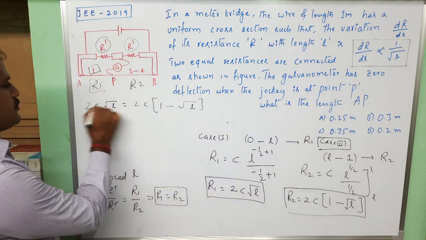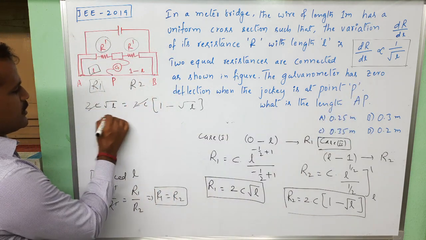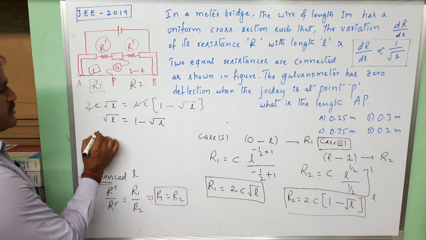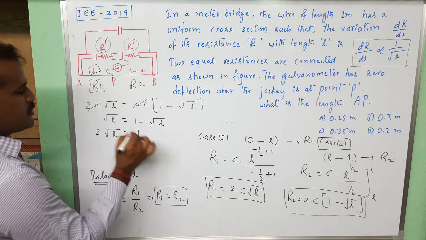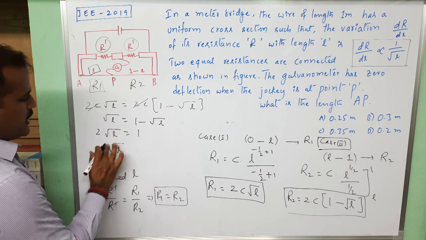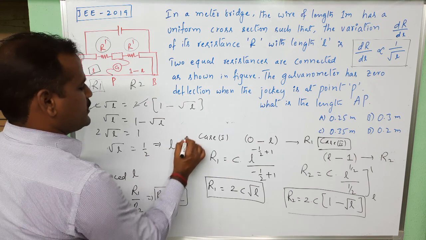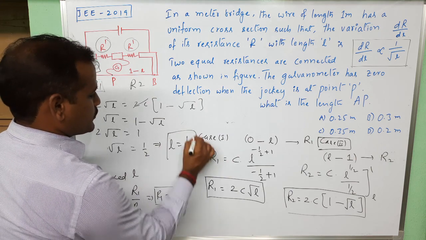So 2C gets cancelled. Root L is equal to 1 minus root L. Root L this side, that is 2 root L is equal to 1, or root L is equal to 1 by 2. That implies L value is 1 by 4.